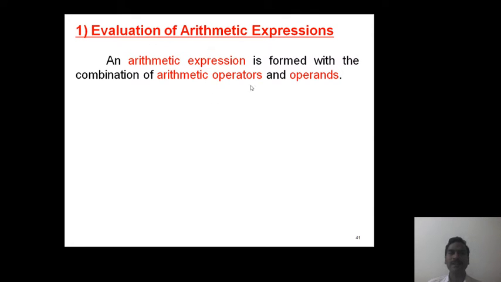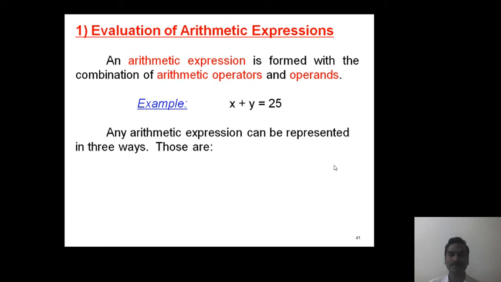An arithmetic expression is formed with the combination of arithmetic operators and operands. Let us take one example: x plus y equals 25. Here x, y and 25 are operands, plus and equals symbol are operators.